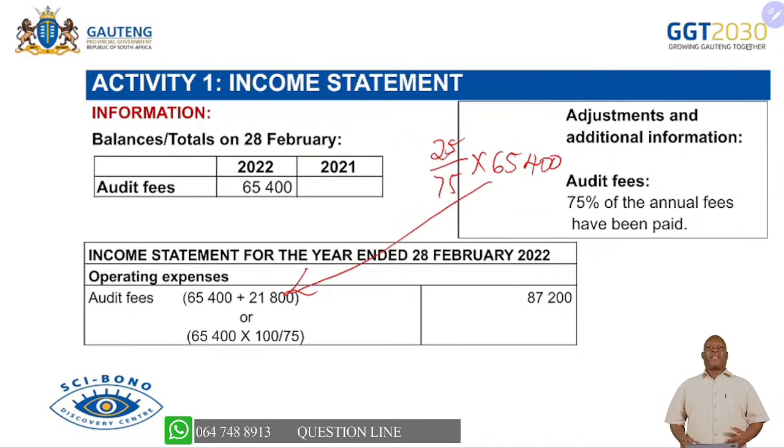We can just say we are looking for the total, and the total is 100%. So if we are given 75% and we are looking for the total, what we are looking for goes on top. So we are going to say 100 over 75. We multiply it by our 65,400 and it still takes us to 87,200.